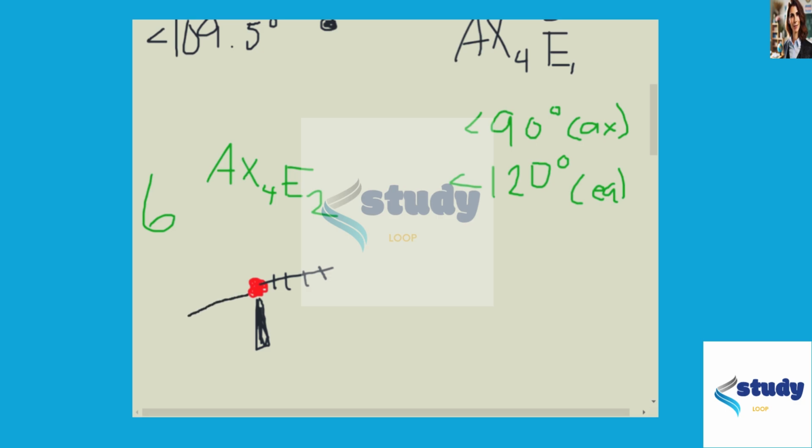Gonna have something going this way in front. Yeah, something going out to the back. Then you're gonna have 2 lone pairs. All right, so for this one, you're gonna have 90 degrees as the ideal bond angle.